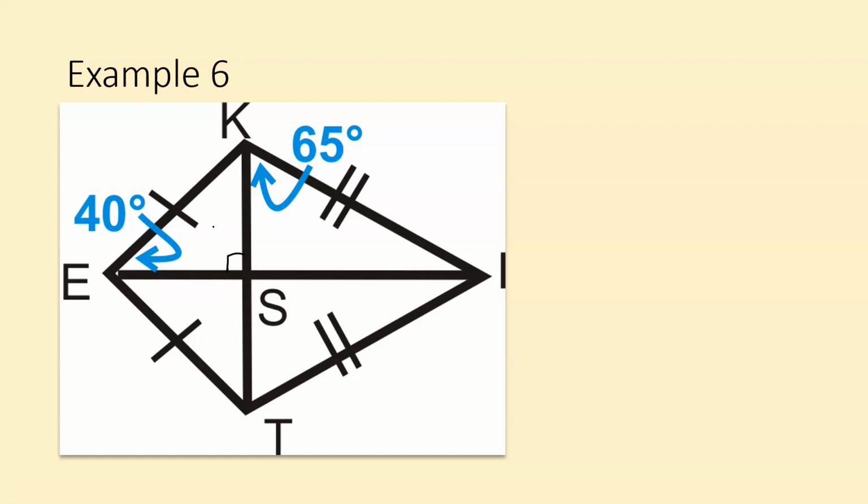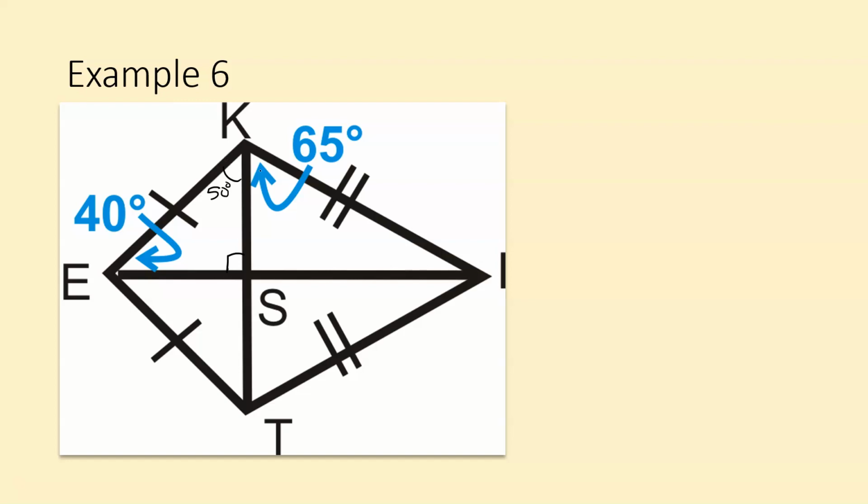So if we take 180 degrees, subtract 90, and then subtract 40, we know that this angle here has to be 50 degrees. So all of these need to add up to 180.